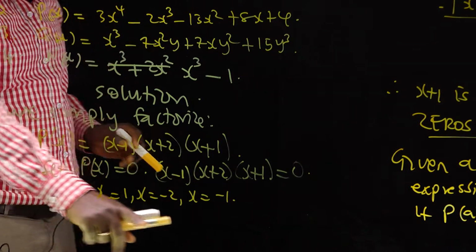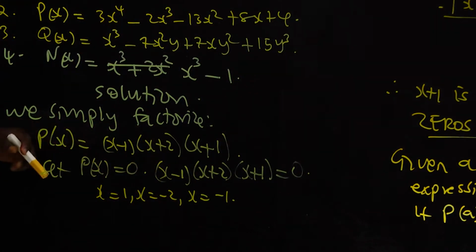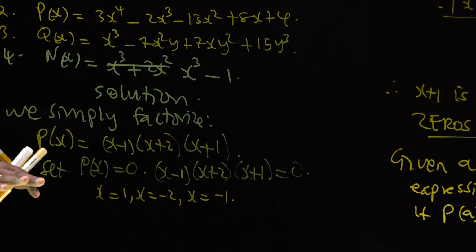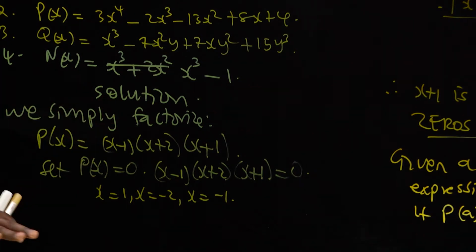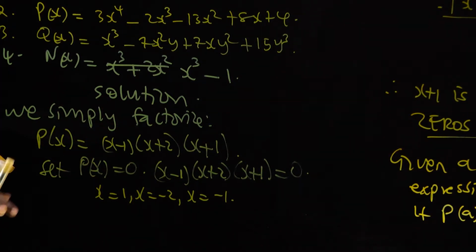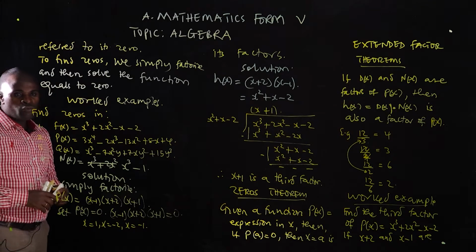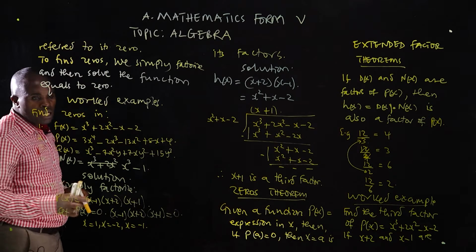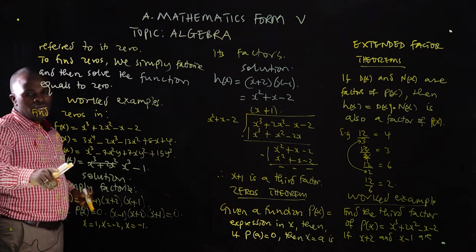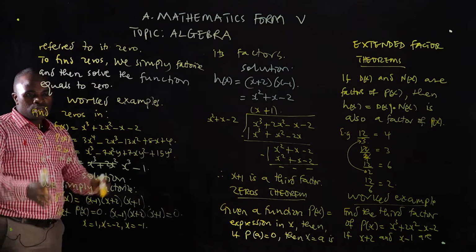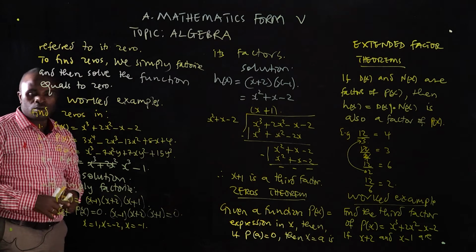So these are the zeros of the polynomial function, where we simply factorize and then solve equals to 0. You can see how it is interesting. So we will be checking again question number 3 and 2, and then you can see how it works.